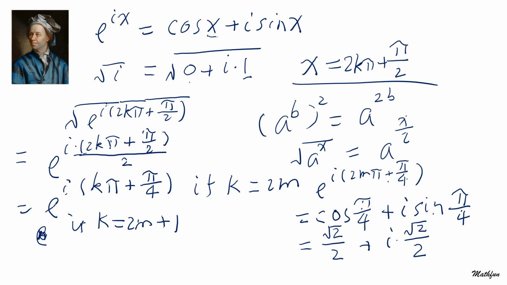Well, in that case, it equals cosine of 5/4 pi, because you have the 2m, you can eliminate that, but you have 1 pi plus 1/4 pi. That will be 5/4 pi, plus i sine of also 5/4 pi. And that will give you the other answer we saw just now.